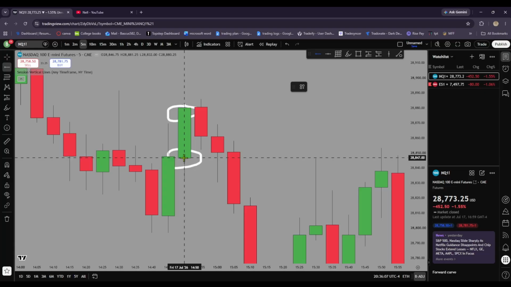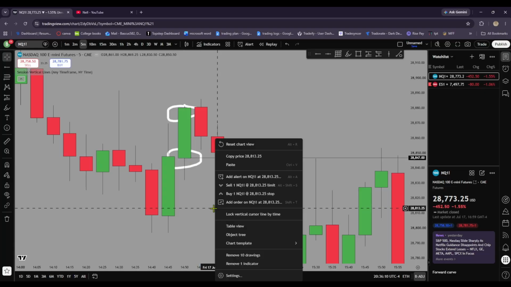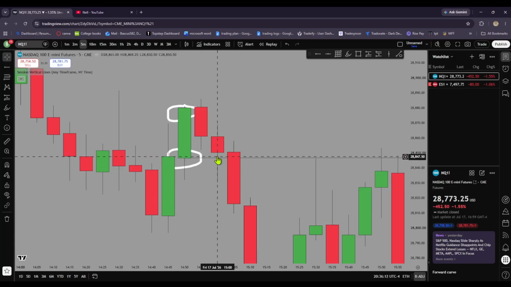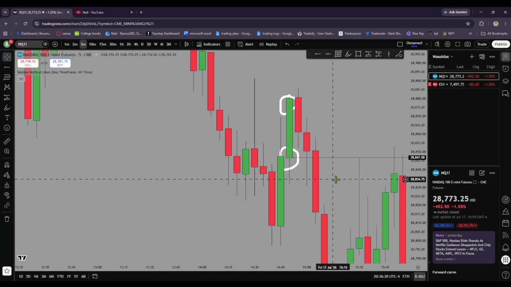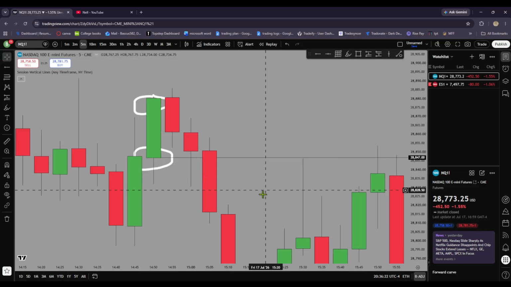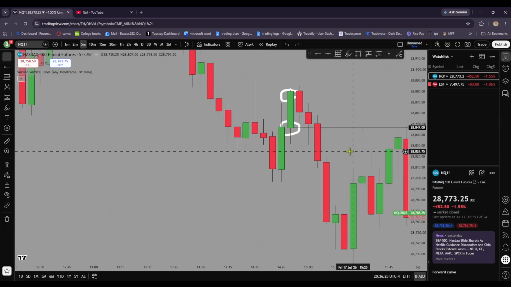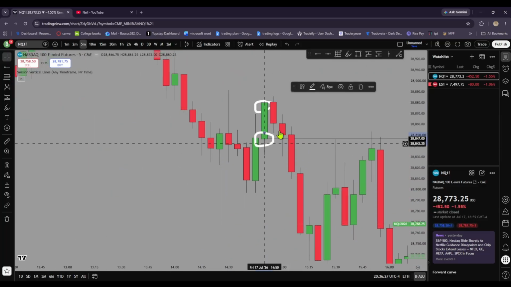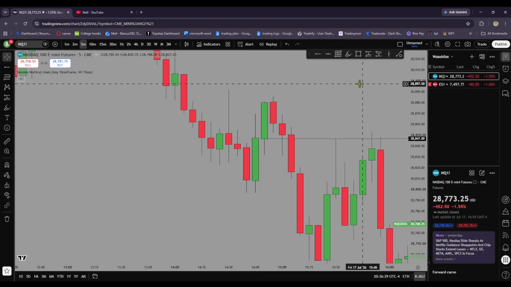You go to where it opened and you just click and draw that line. Wherever you see that we closed below it, and close means that this bar ended up finishing below it, then you understand that that's a break of structure. I'm going to tell you guys later on what that signals to us as traders, but we're just going to identify it, right?